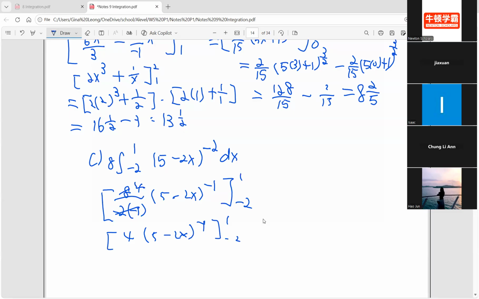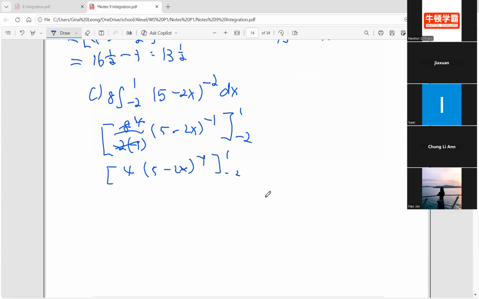Then I can put in the value. 5 minus 2(1), then minus 4 over 5 minus 2(negative 2). From here I get 4 over 3 minus 4 over 9.